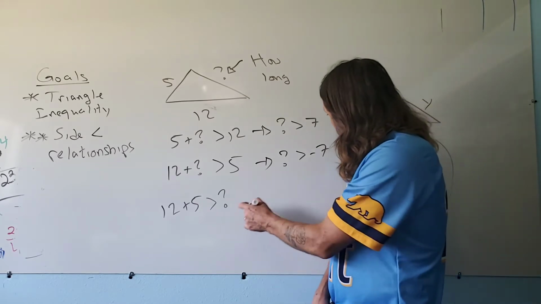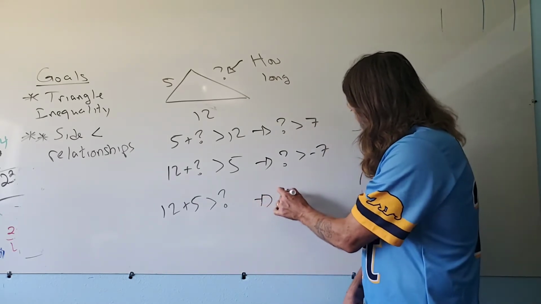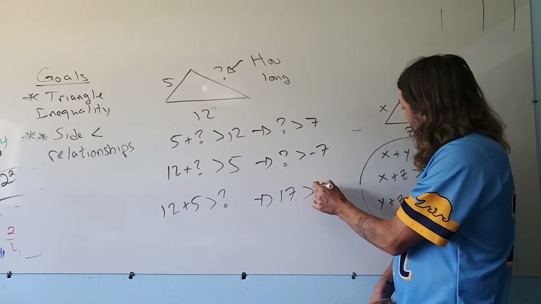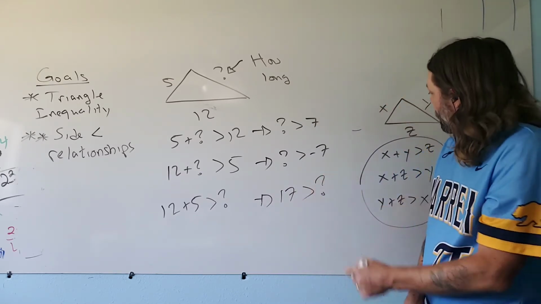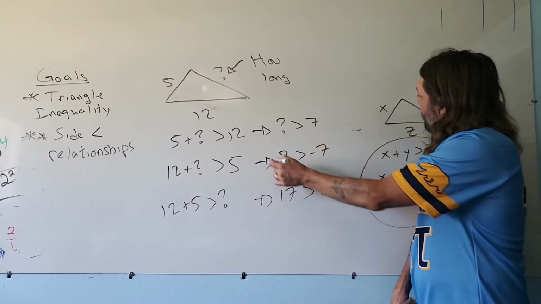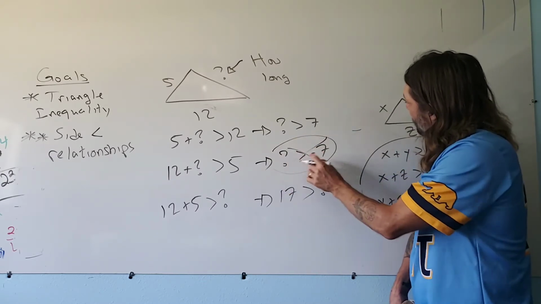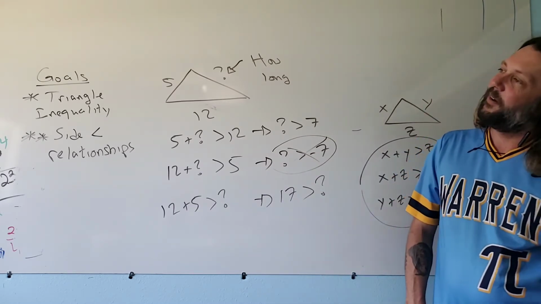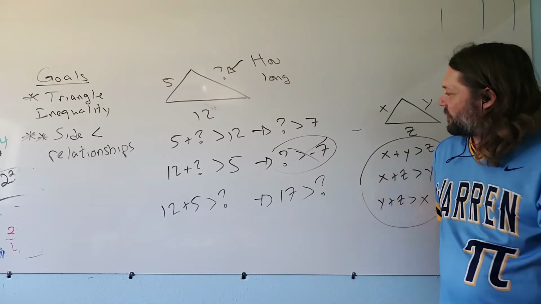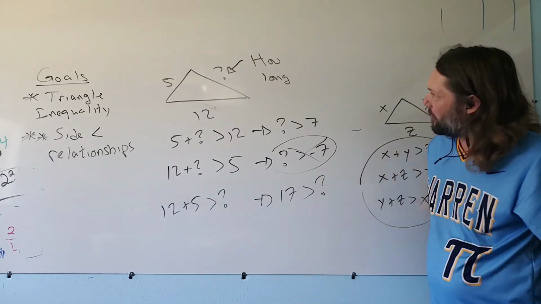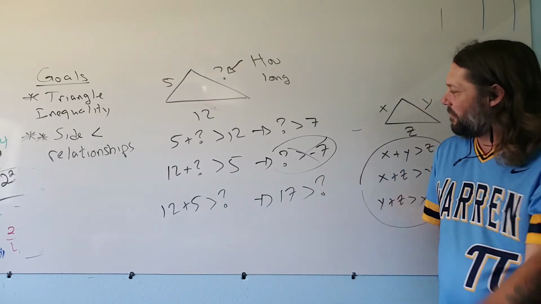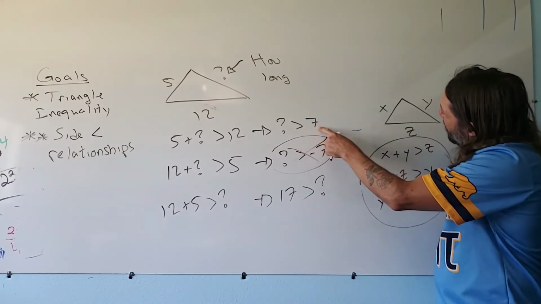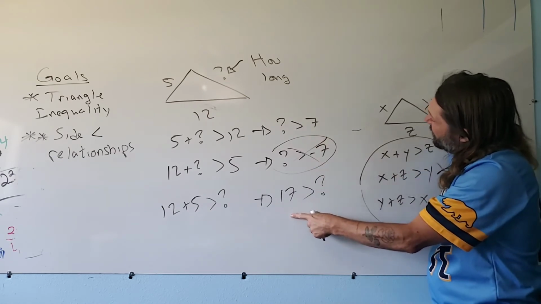And the last one is going to be that 17 is longer than our unknown length is allowed to be. And so we're going to get 3 possibilities. This one doesn't make sense, so just throw it away. Length can't be larger than negative. Well, it can be larger than negative, but it doesn't really tell us much, right? Because you would be allowed to have a length of 0, and that wouldn't make sense. So I know that my unknown length is longer than 7, but it's not as long as 17.